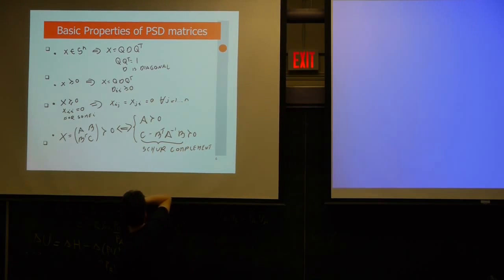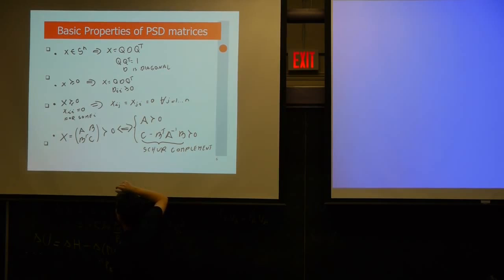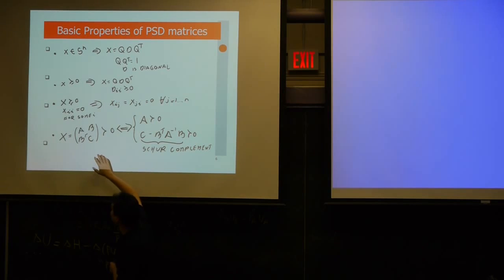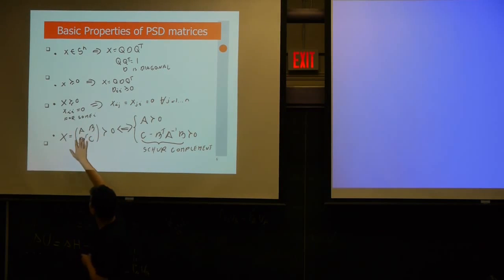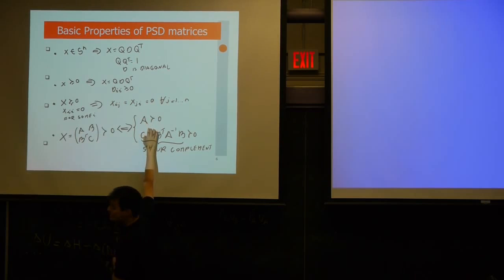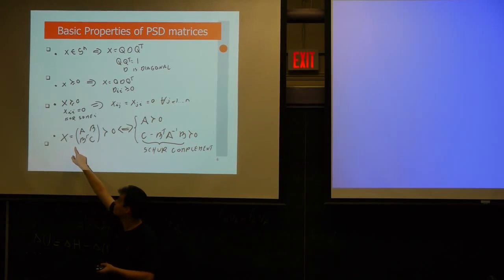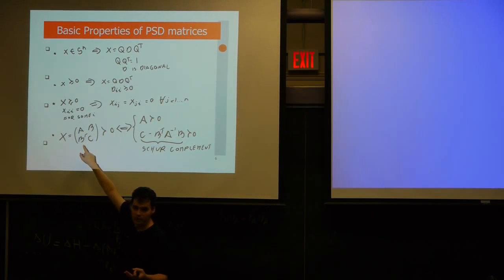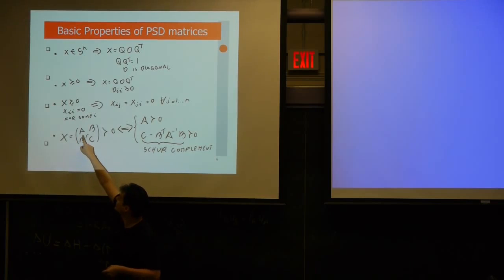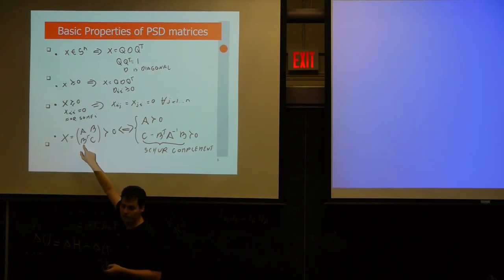And in some special cases, you can also think of these constraints as when you know that the determinant of this matrix has to be positive, right? Because X is positive definite. So the determinant of this matrix is A times C minus B squared, right?